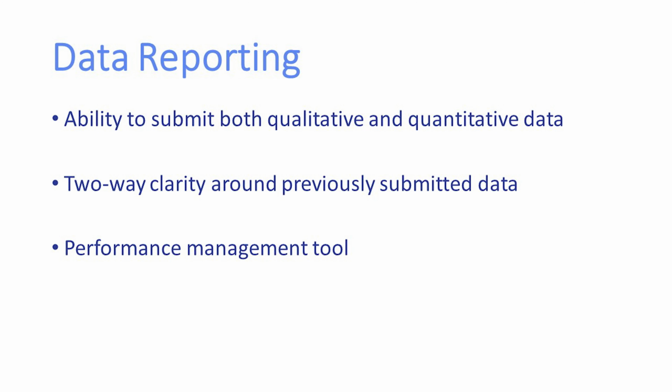You will complete both quantitative and qualitative reporting within the system itself, and the system will allow you to see previously submitted data. This will assist with performance management and will facilitate greater two-way clarity about the data.